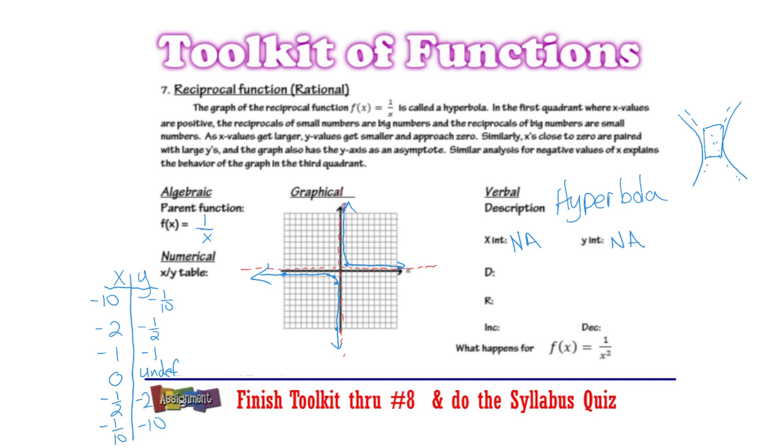Your domain. Okay, this gets a little bit sneaky or tricky. All right, so the farthest left this thing goes is negative infinity. And it keeps going and going. And then it starts going closer and closer to zero, but it will never hit zero. So I'm going to say negative infinity to zero. It doesn't hit zero, so I'm going to do a parenthesis.